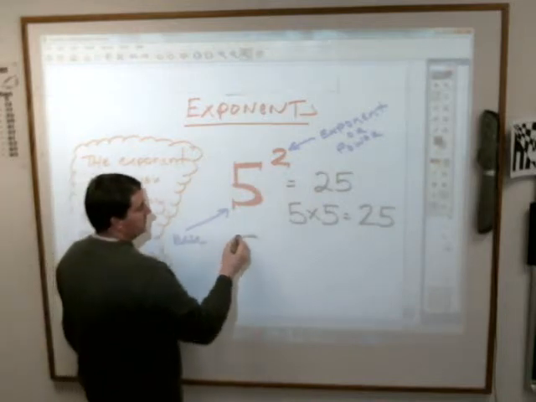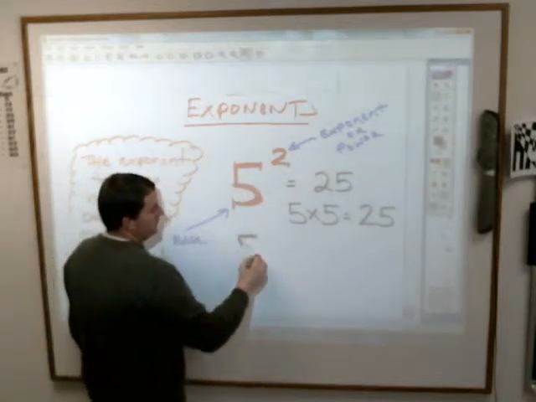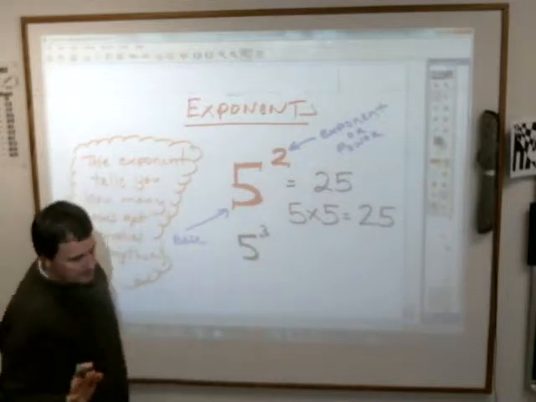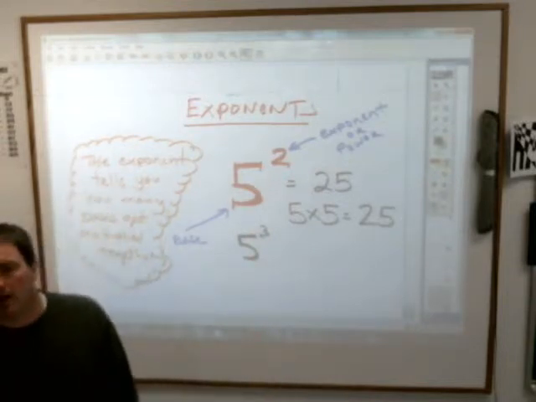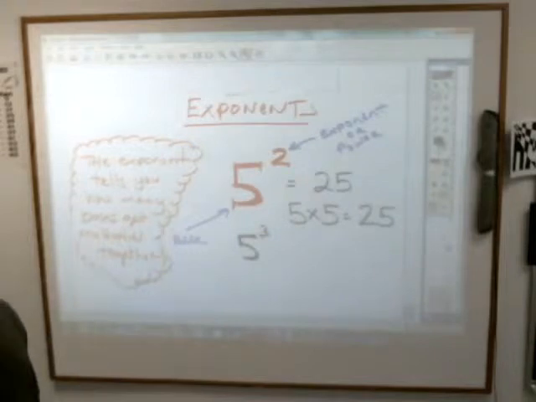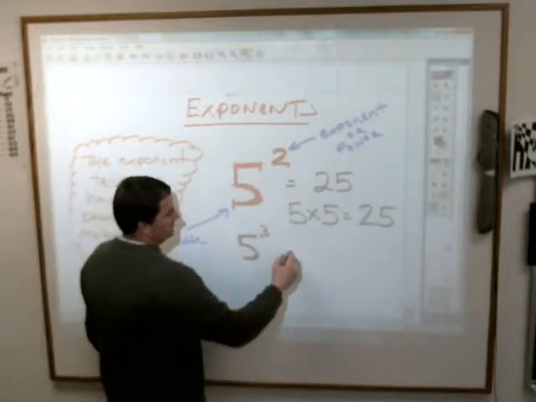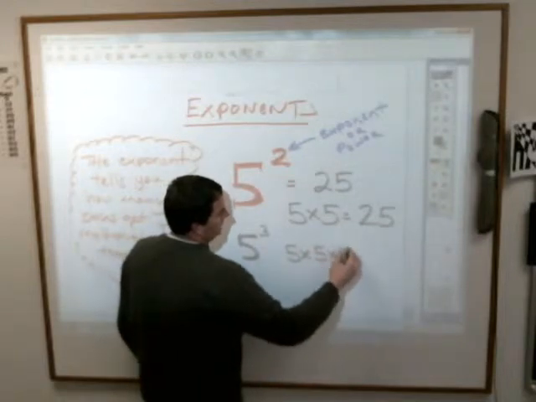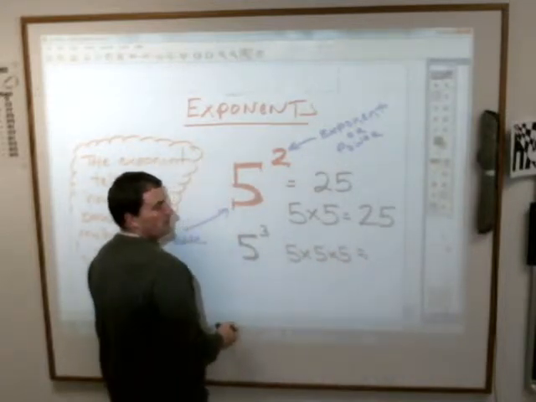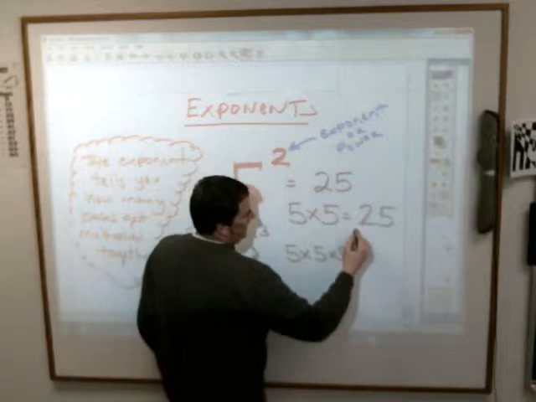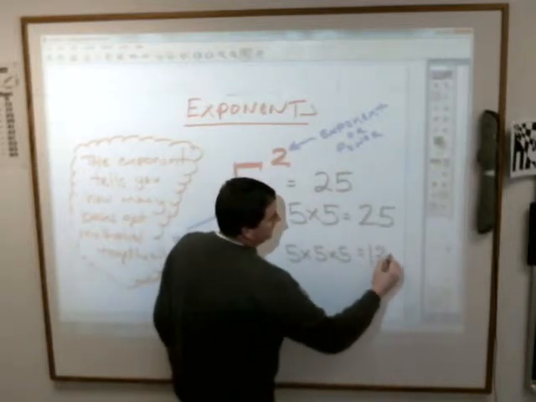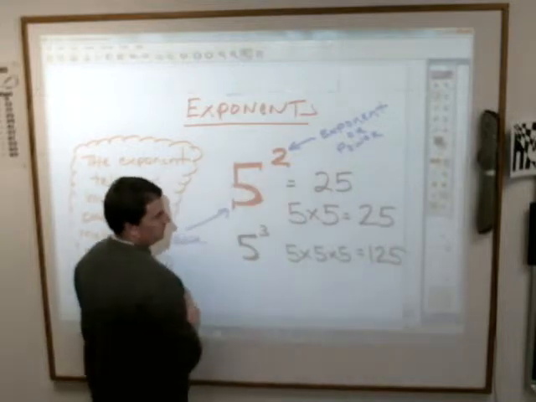And then if I actually did 5 to the third power, that is not 15, it's not 5 plus 5 plus 5. It is three 5s times themselves. 5 times 5 times 5. Anybody know what that is? You have 5 quarters. 5 times 5 is 25. 25 times 5 is 125.